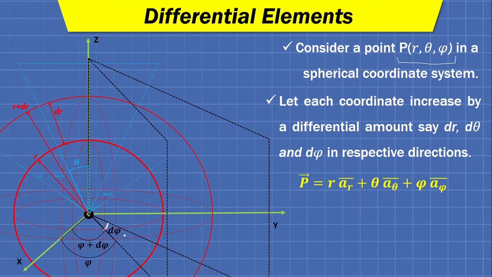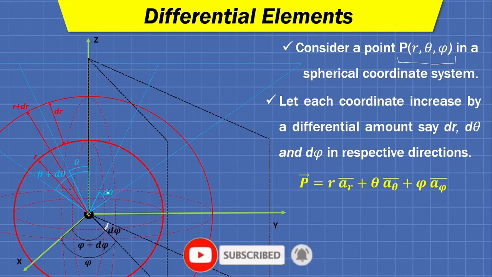And considering another right circular cone with angle theta plus d theta with the z-axis. So this difference in angle will be d theta.